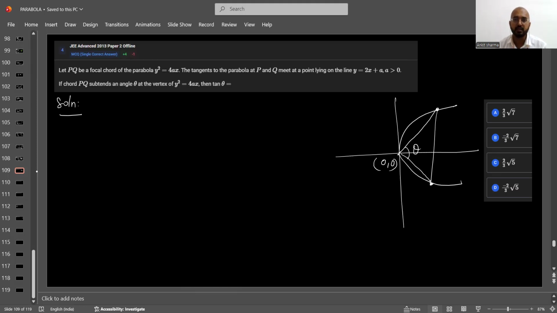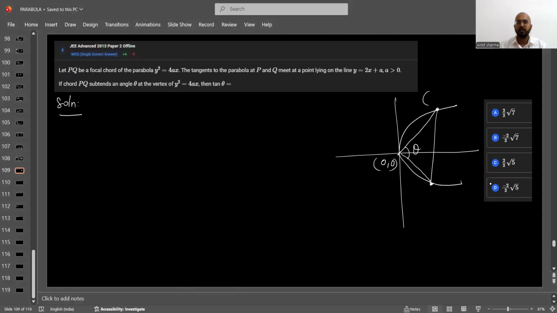I think the concept of homogenization can be used here, because this is a focal chord, or I can say a chord of contact. The chord of contact I can write down, but I won't have the focal chord equation. Okay, let's see what we can do.